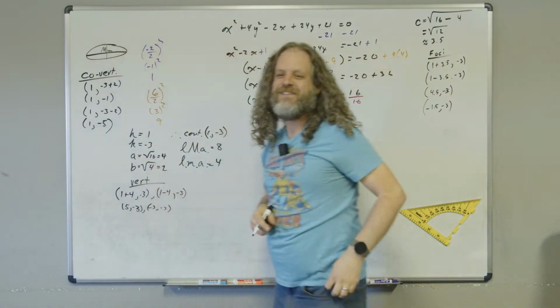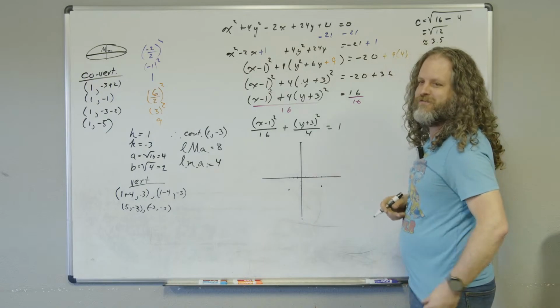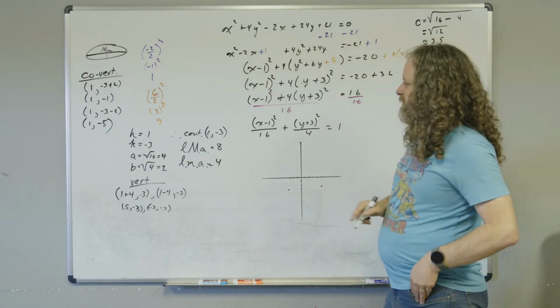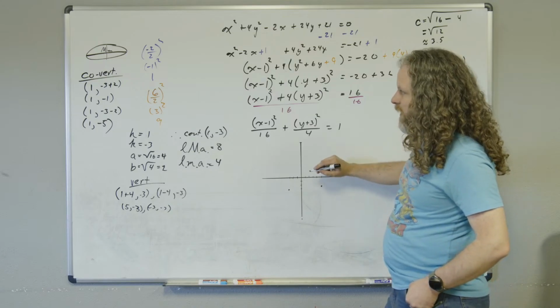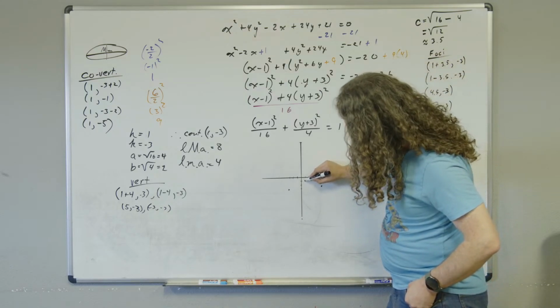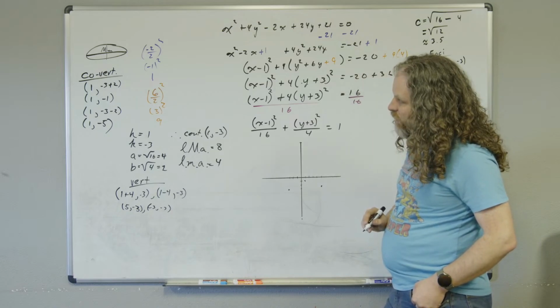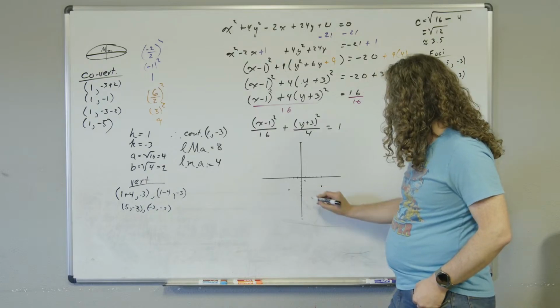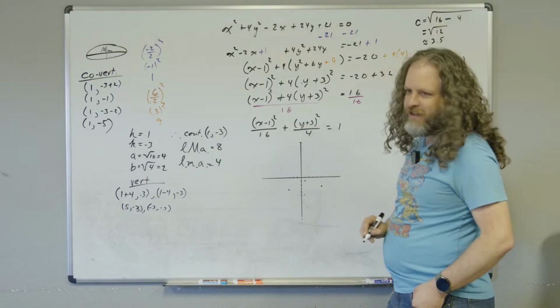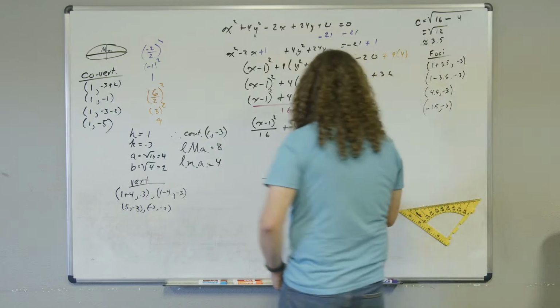So it has 2 vertices and 2 co-vertices. The other ones are at 1, negative 1, and then 1, negative 5. And you connect those dots in a vaguely elliptical shape.